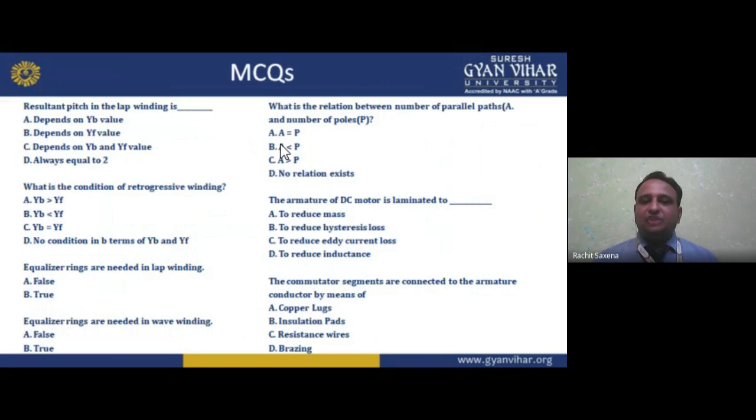Now the armature of a DC motor is limited by what? Eddy current loss, because we have lamination. The commutator segments are connected to the armature conductors by means of copper lugs. I earlier told you we make a connection like this.